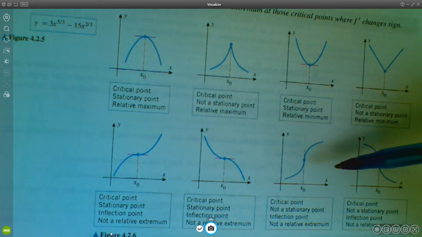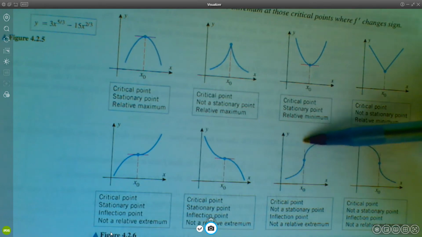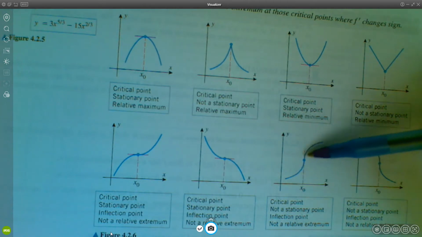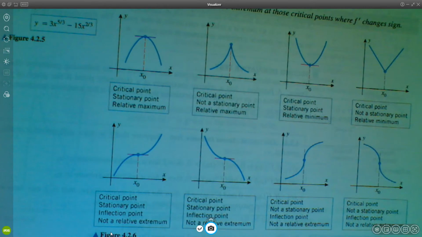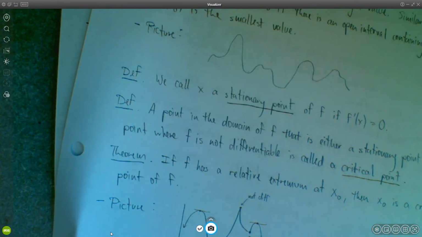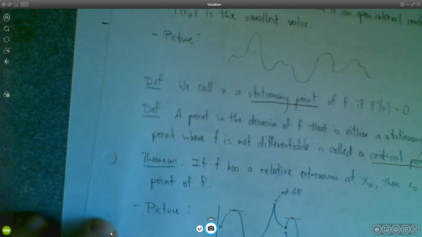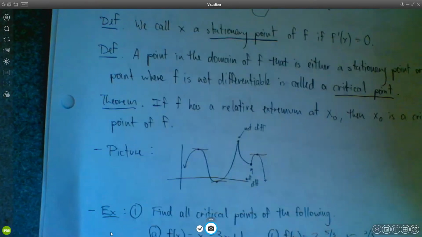You can also have places where the function is not differentiable, like this, and nevertheless the function does not have a relative extremum at that point. So there are cases where you don't have relative extrema even where you have a critical point.